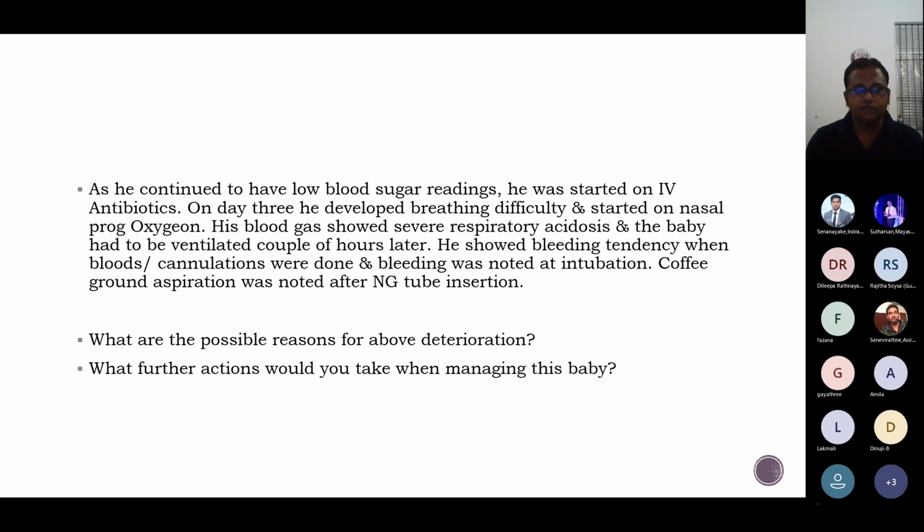So, what are the possible reasons for the above deterioration? If you can quickly type the answers in the chat box, and what further actions would you take when managing this baby? I'll give you 1 minute. You can quickly type your answers, and we'll go for the discussion.